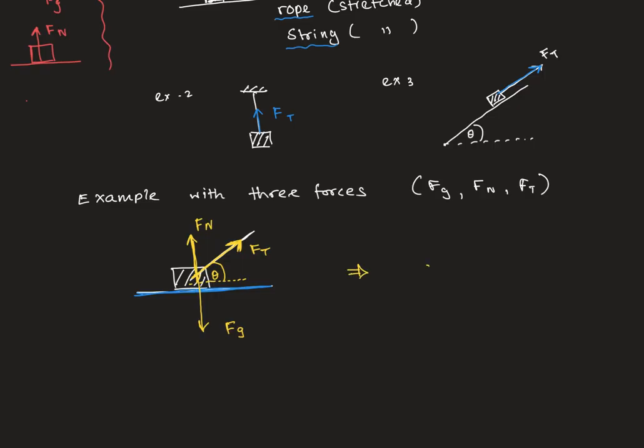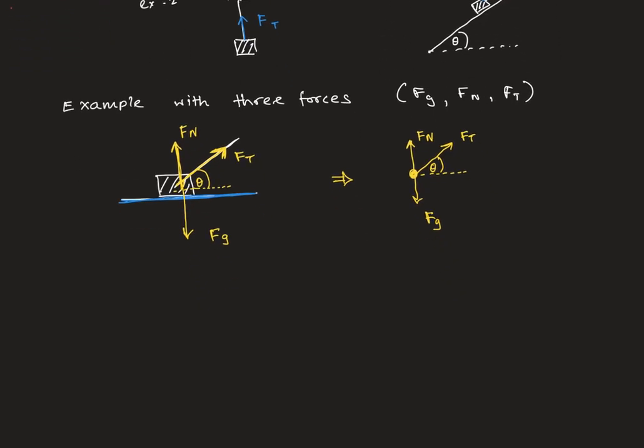So I'm going to collapse this onto a dot, and here's what you see. Normal force straight up and the gravitational force straight down, and this is the x-axis, and the tensional force Ft is pointed at an angle theta. So we already know how to take the components.